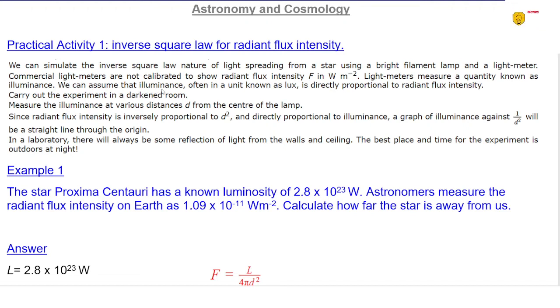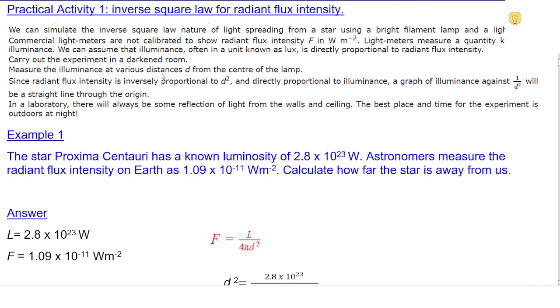So we can measure the illuminance using the unit of lux, which is directly proportional to the radiant flux intensity. So you measure the illuminance at various distances d from the center of the lamp, and then since the radiant flux intensity is inversely proportional to the distance squared and directly proportional to the illuminance, a graph of illuminance against 1 over d squared will be a straight line through the origin.